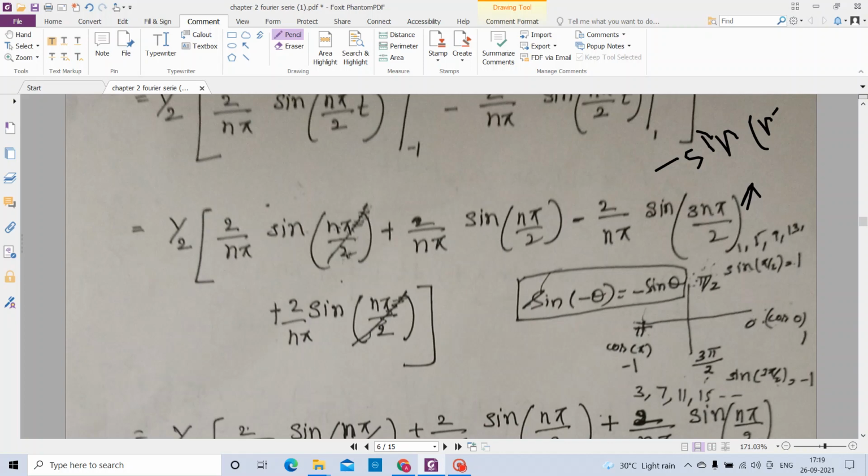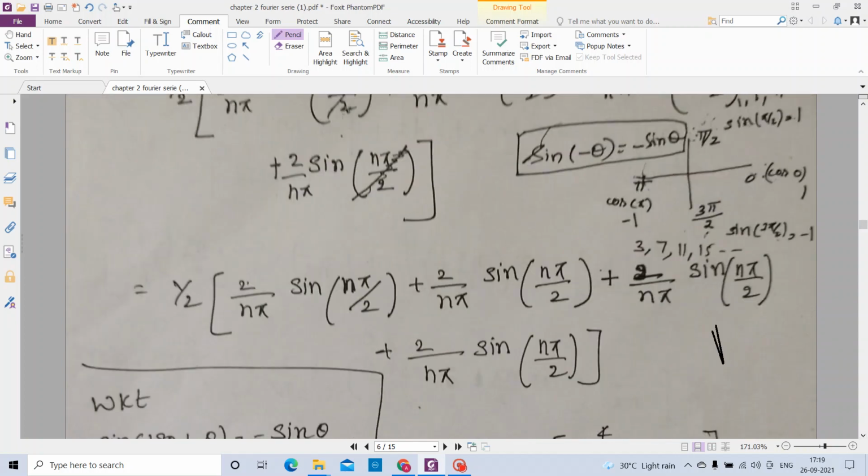The value of sine n pi by 2 is 1, but here we have multiplied by a minus sign, so it becomes minus 1 again. So these two functions have the same value. Instead of sine 3 n pi by 2, I have replaced it with minus sine of n pi by 2.